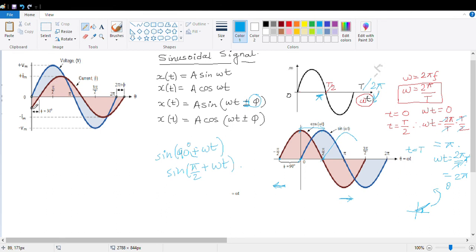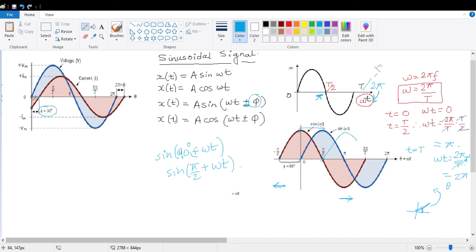Now this waveform, which is written as a current waveform, has started afterwards. That means it is 0 here, with respect to the reference voltage waveform, on the right hand side. It has been started afterwards. That means here it is written that this difference of angle is 30 degrees.